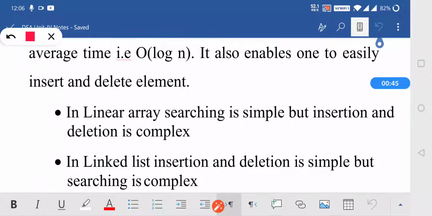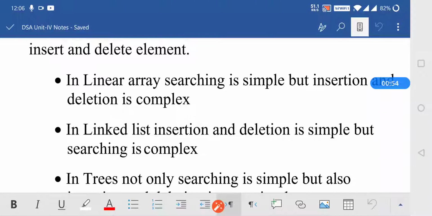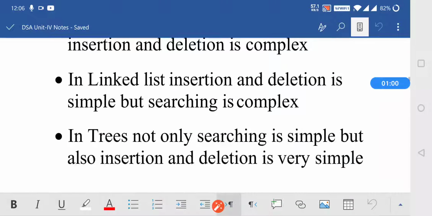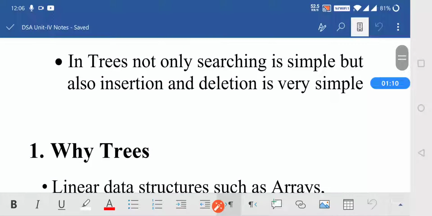Now, in linear array, searching is simple, but insertion and deletion is complex. In linked list, insertion and deletion is simple, but searching is complex. But in trees, not only searching is simple, but also insertion and deletion is very simple, and that's why the use of tree is the better option than the array and linked list.